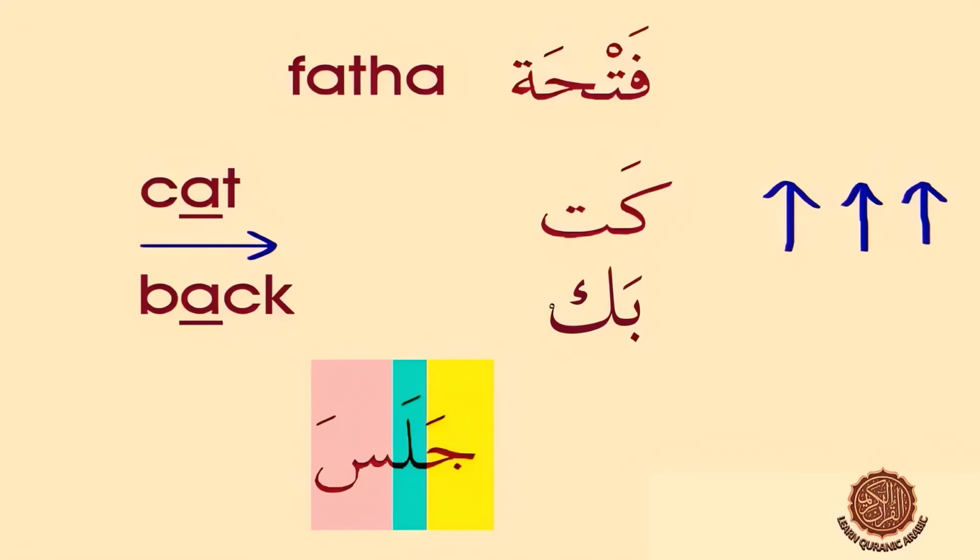That with the fatha would be sa. The complete verb will be read jalasa, which means he sat. And notice they're all short vowels. Jalasa, not jaalasa. We'll get to the long vowels later on, inshallah.